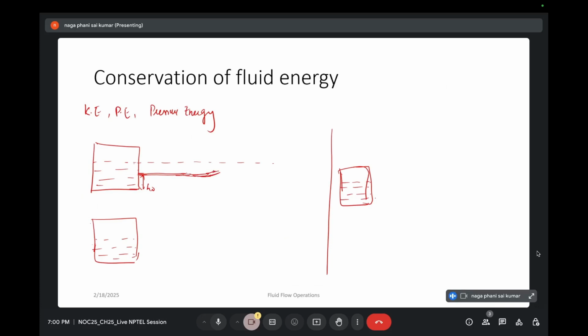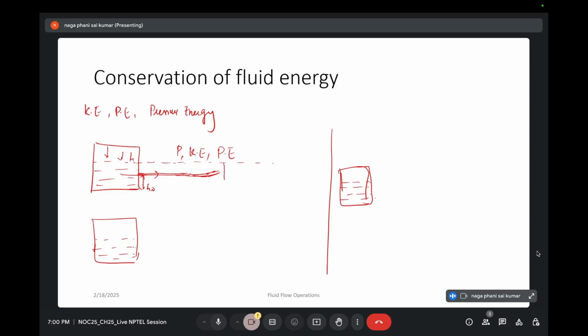If water is ejected from here, we will have both potential energy and kinetic energy, because it is not exactly equal to the height of water. Here we will have pressure energy, because of the pressure exerted by the water. We also have kinetic energy because of the flow of water. As this is flowing with a certain velocity, it will have kinetic energy, and it will also have potential energy because it is at a certain elevation.